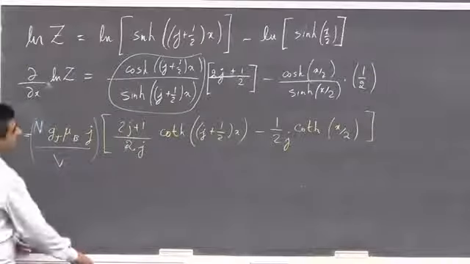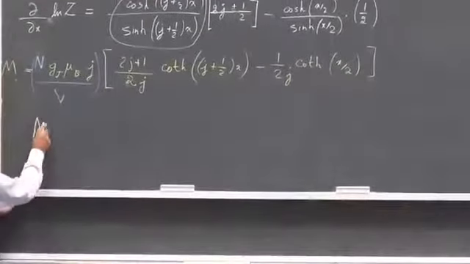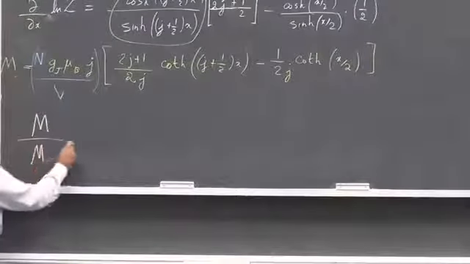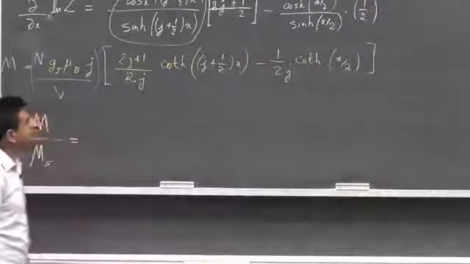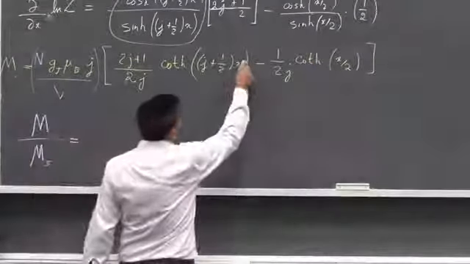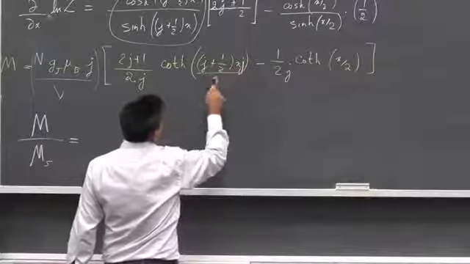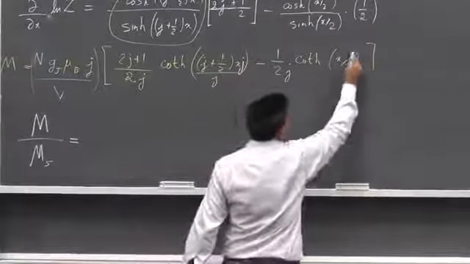So the magnetization as a function of the saturation magnetization is equal to this function. I can even put a J in here and divide by J in here, there's no problem in doing that.